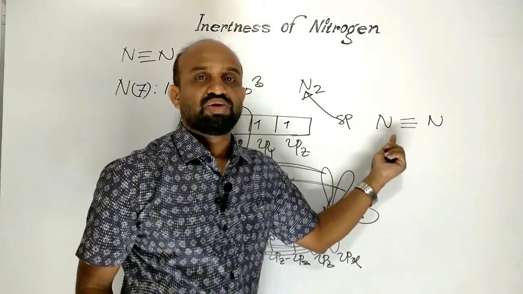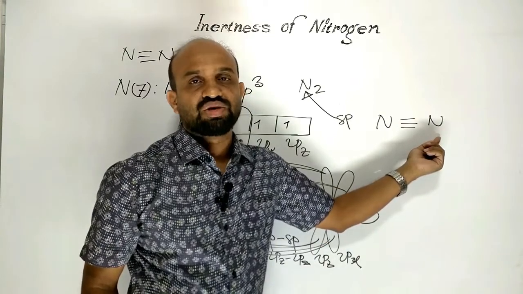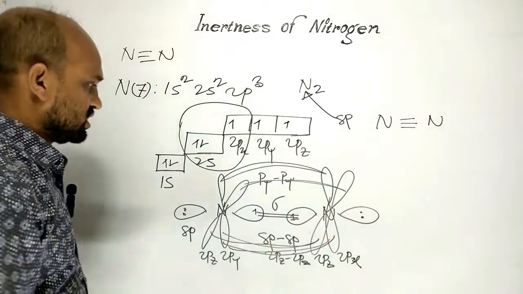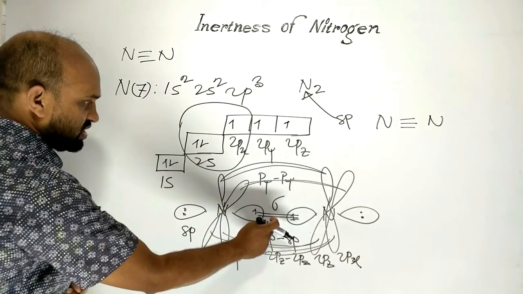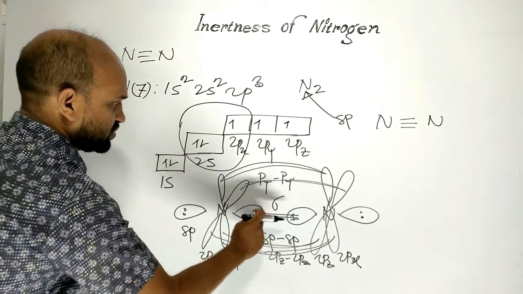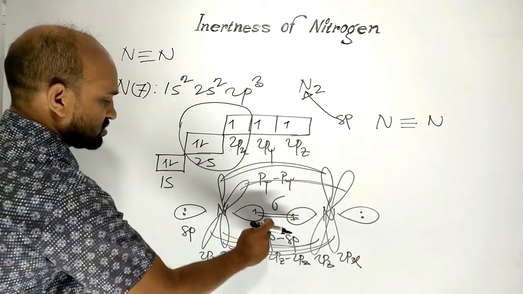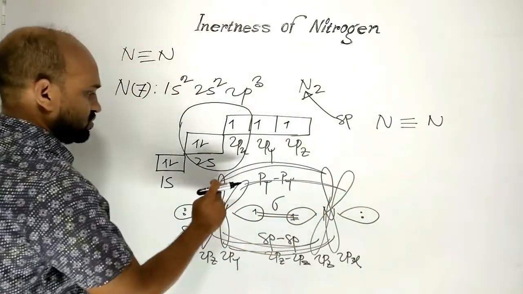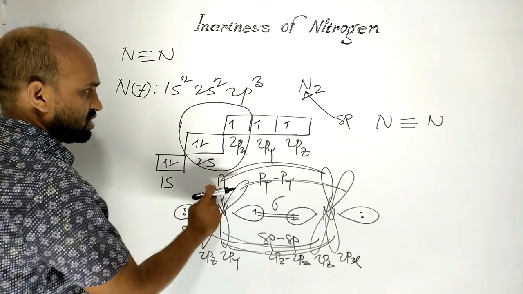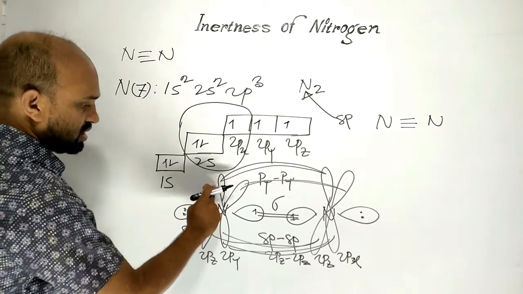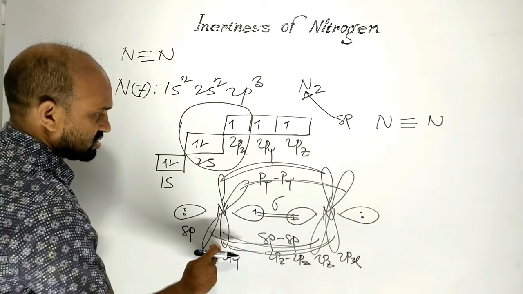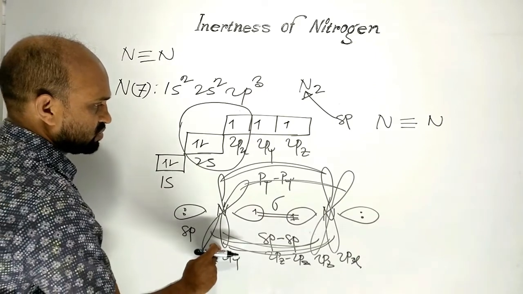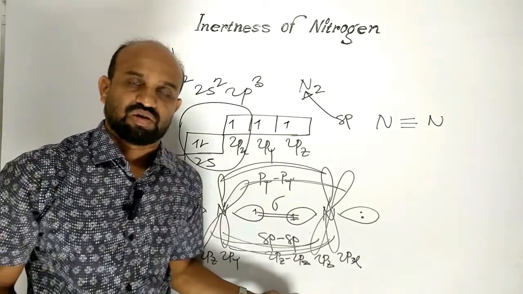That is, between two nitrogen atoms, three bonds are formed. One is a sigma bond by the overlap of sp hybrid orbitals, and two pi bonds are formed by the sidewise overlap of the py orbitals and the 2pz orbitals.